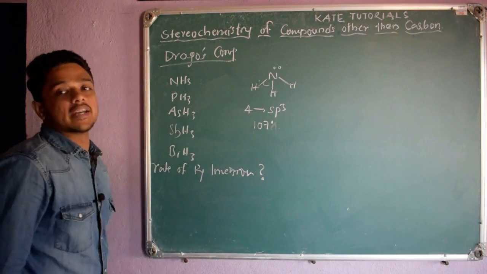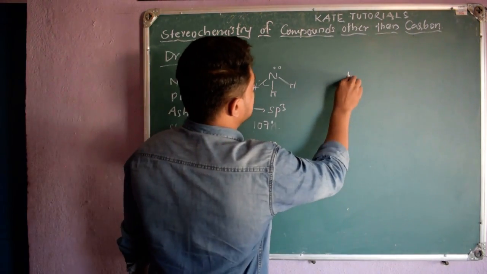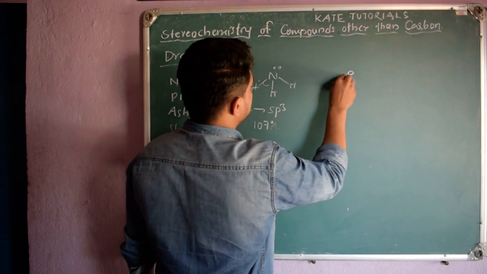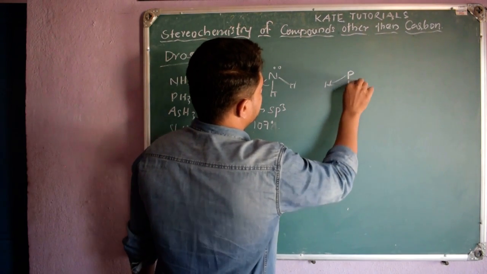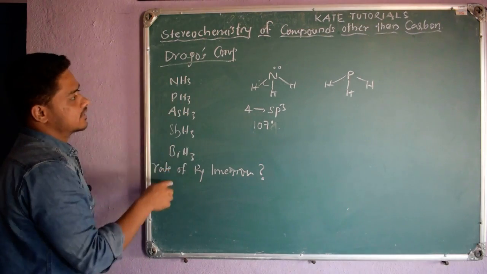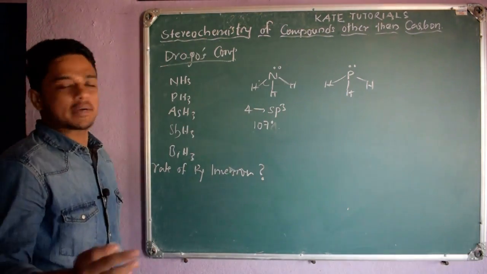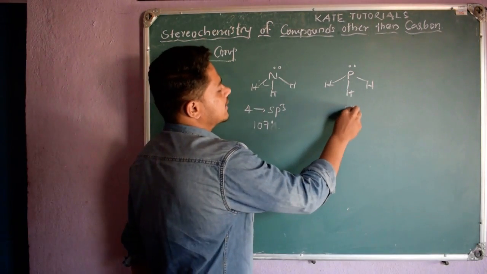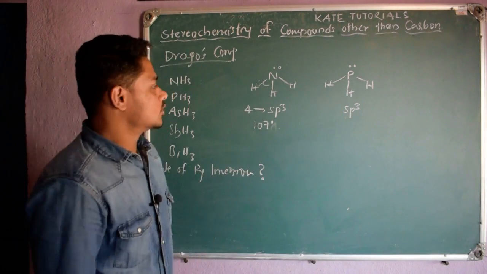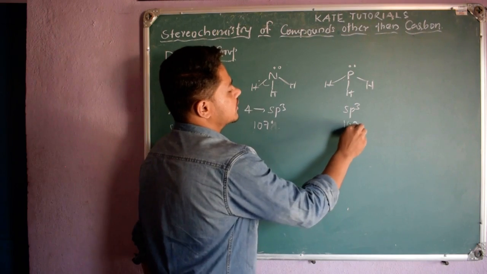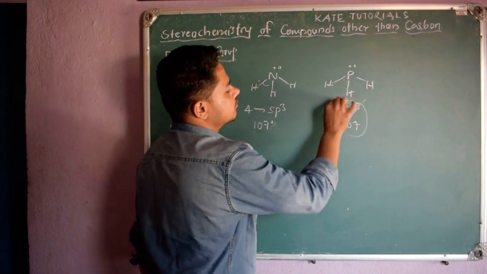If you see PH3, phosphorus belongs to the same nitrogen family, so you will expect the same structure and the same sp3 hybridization, and a bond angle of 107 degree. But this is wrong.